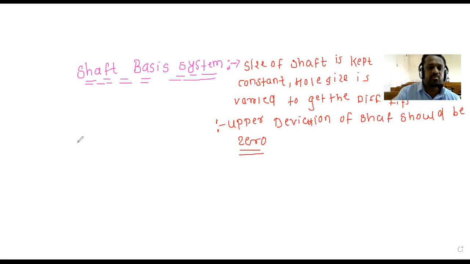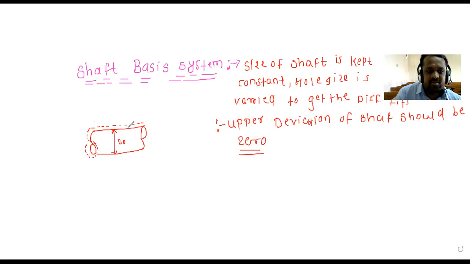Should be 0 means, suppose this is the shaft, and suppose the basic size of that shaft is 20. Suppose we have manufactured the shaft whose size is like this, 21.2.